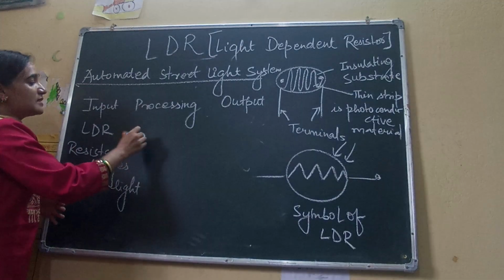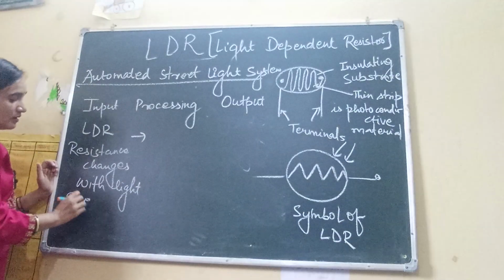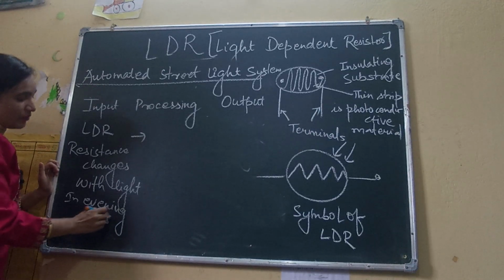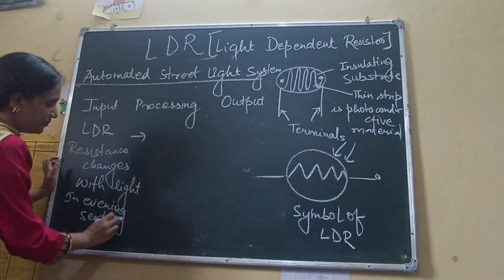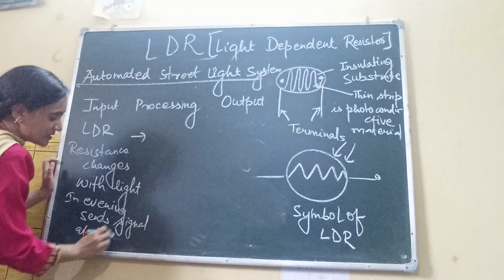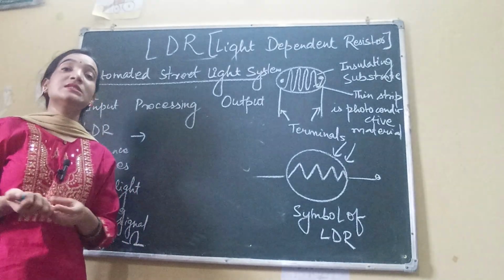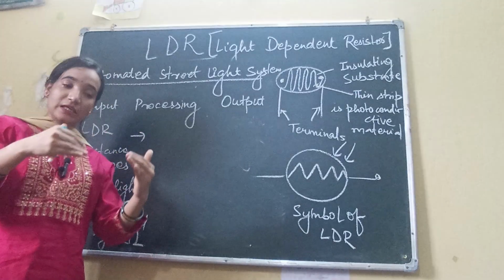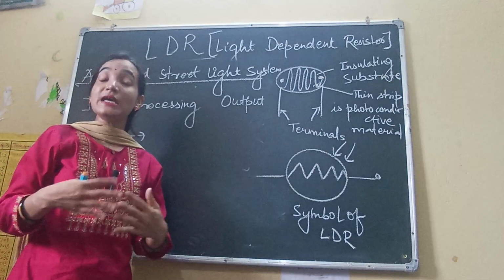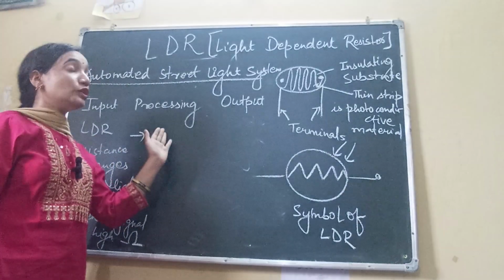And when it gets dark in the evening, it sends a signal at high resistance. High resistance I am representing with ohm. When there is high resistance, it means the intensity of the light is less and our resistance is more. So it gives the signal to the processing unit.